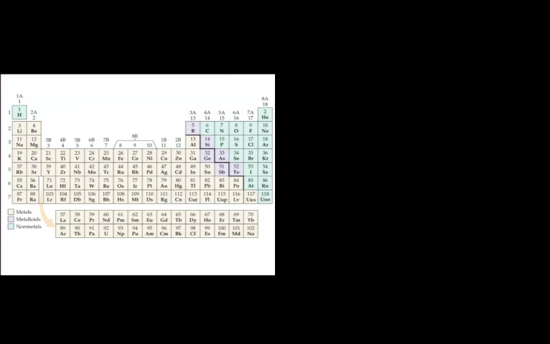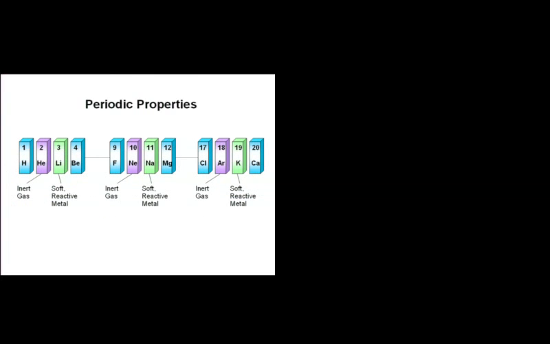Well, Mendeleev put this together for us, and what happened is if you take all the elements and you line them up by atomic number, like count them out, 1, 2, 3, 4, all the way, and then we start looking at the physical properties and chemical properties, and we're like, oh, look, here's an inert gas. And then right next to it is a soft reactive metal. Interesting. So we keep going, and we're looking at the properties, and we're like, whoa, look, there's another inert gas.